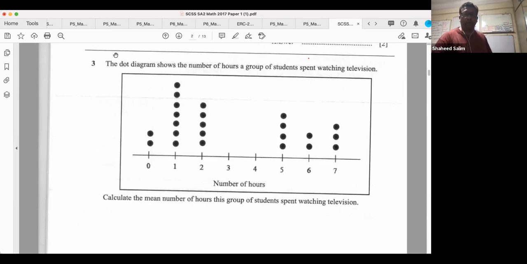Okay, we are given 1 minute starting from now. Okay, Shafi, well done for the earlier one. This is a dot diagram. Histogram is something else.